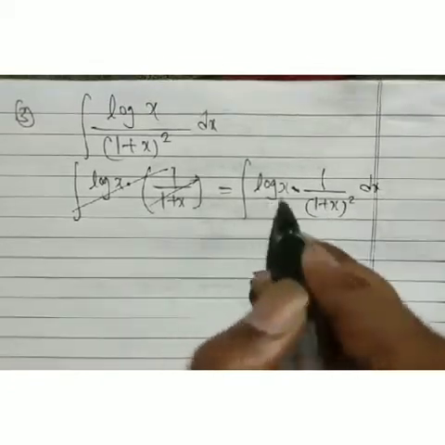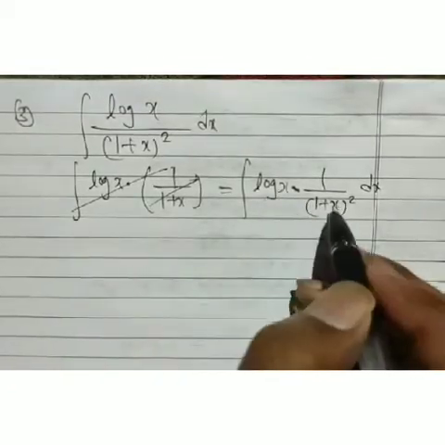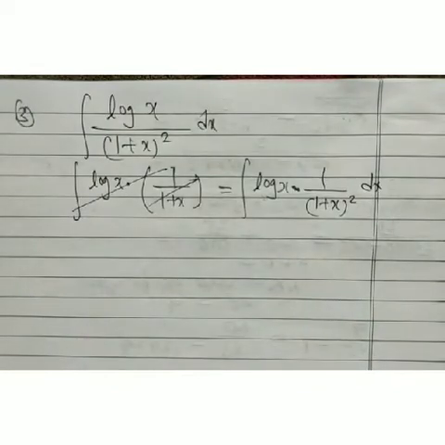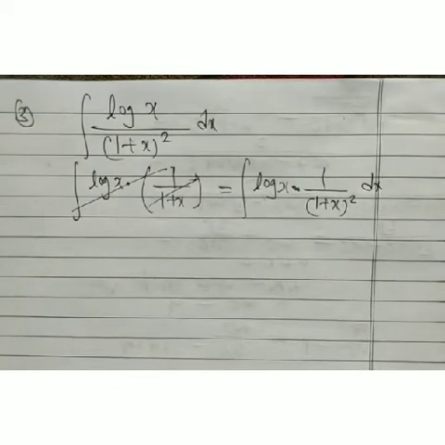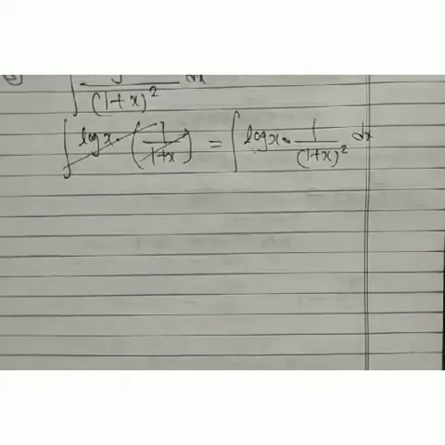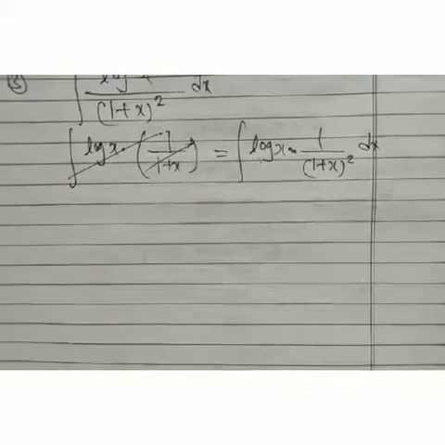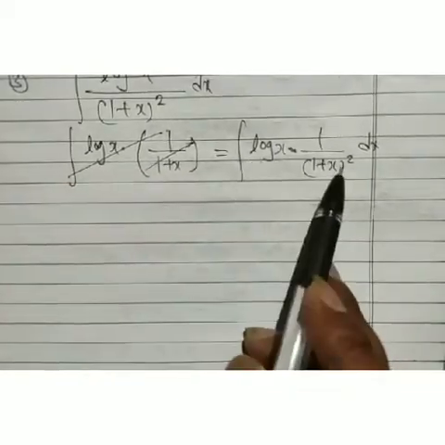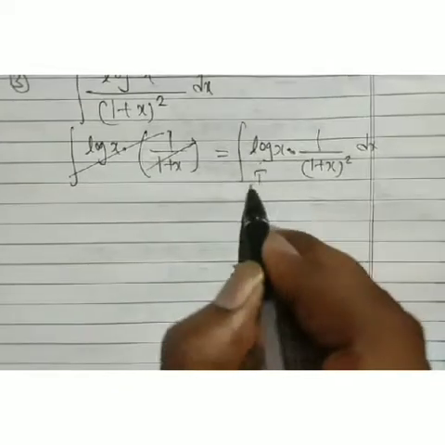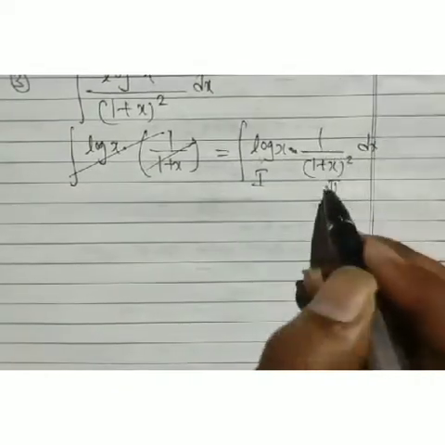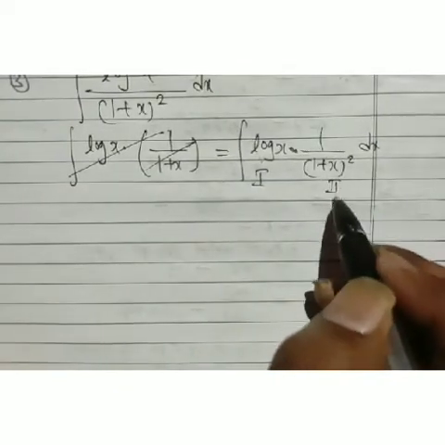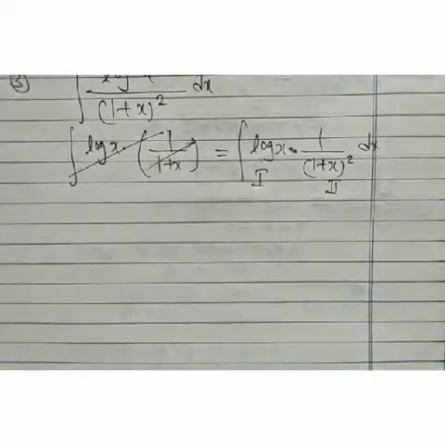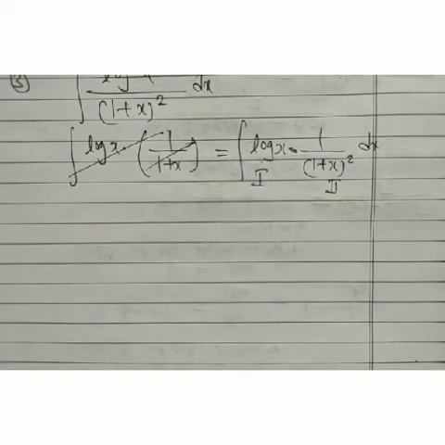This is our first function f1(x), and this is our f2(x). Which should be the first function? By ILATE, this is logarithmic and this is algebraic, so log x is our first function and 1 upon 1 plus x whole square is our second function. Now we apply integration by parts.